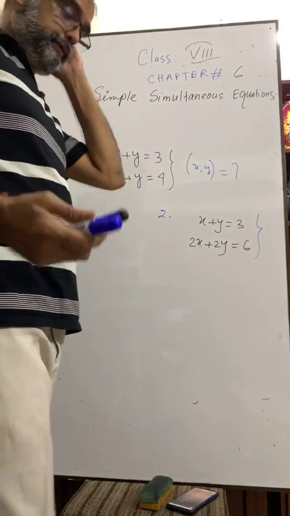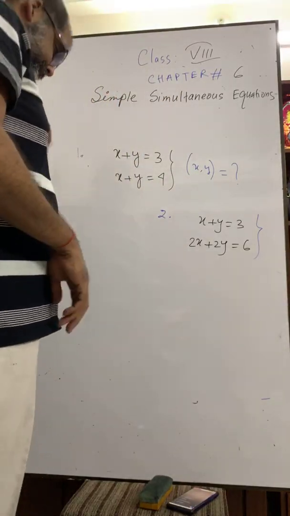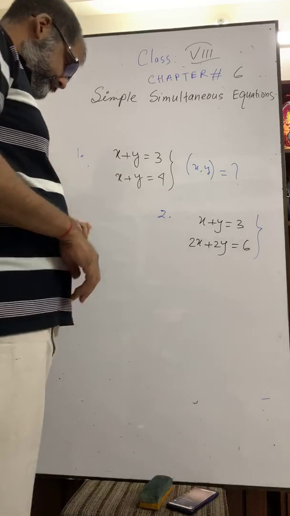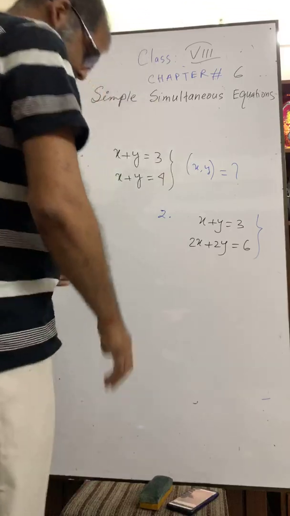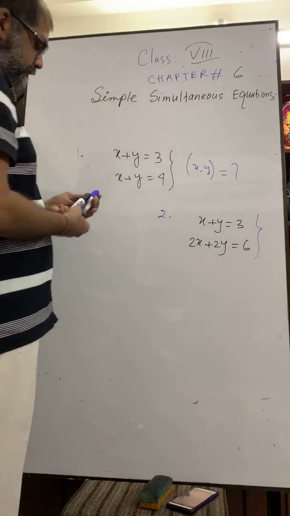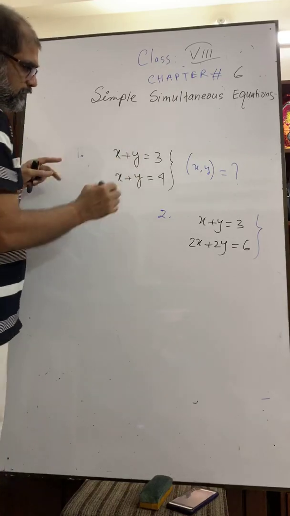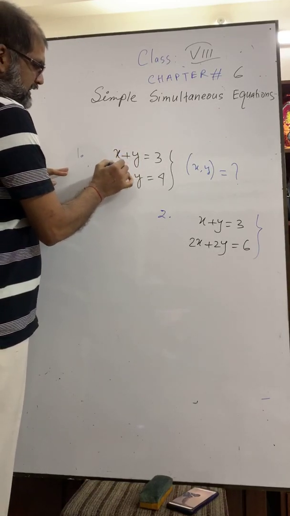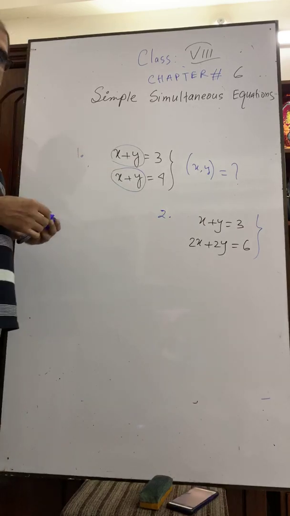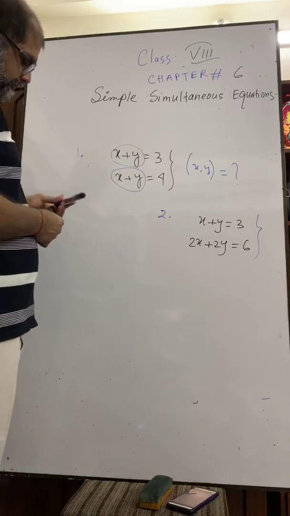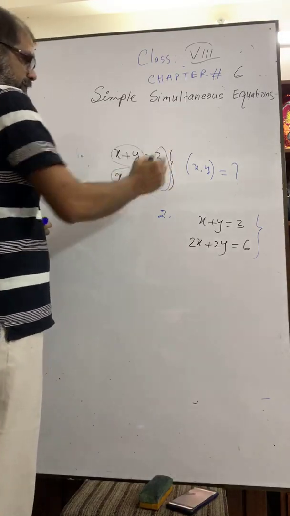You see, number one, our left hand sides are equal. Have you seen? Left hand sides are equal, right? And they are right hand sides.